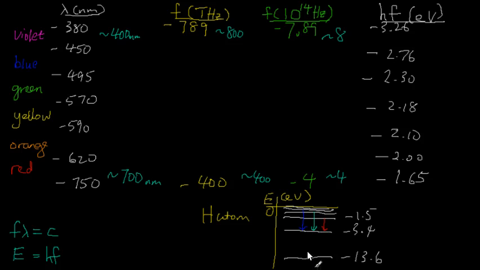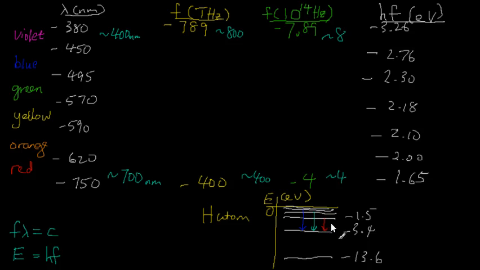Now in an exam question, for example, we might see energy levels given in eV, and we might be asked to say what is the color of the light that is emitted when the electron falls from, say, the third level to the second level. There are two ways we can do it. If it's for the hydrogen atom, ideally we would have memorized that this is red light, and that's it.